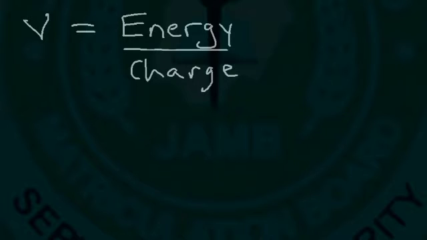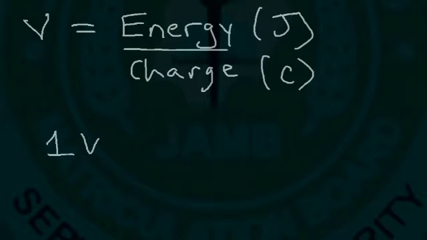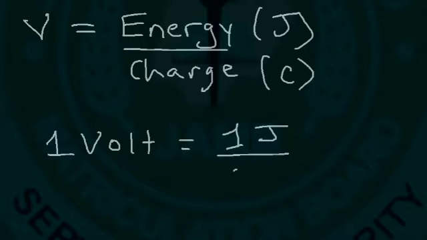Electrons, they have negative charges, protons have positive charges. So the more energy that an electron has, the greater the voltage. Energy is measured in joules, and charge is measured in coulombs. So 1 volt is 1 joule per coulomb.